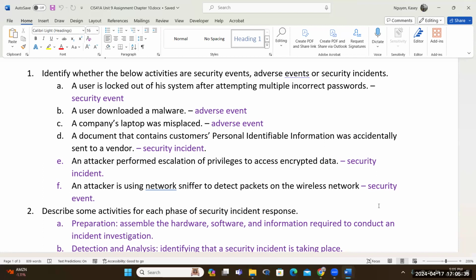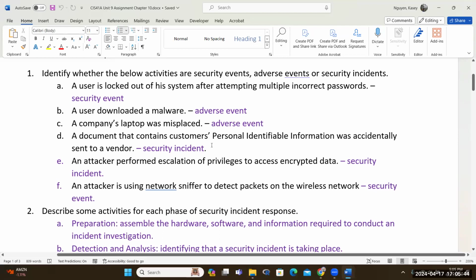It's a security incident, because we broke the rule on that, right? So when you go through these, you have to ask yourself, is this breaking the rule? Sometimes you do have a blur between the two. Now, it depends on the company's policy here, right?